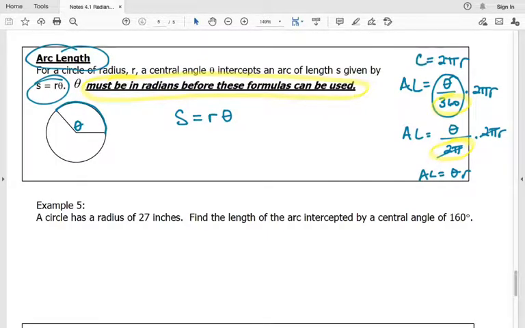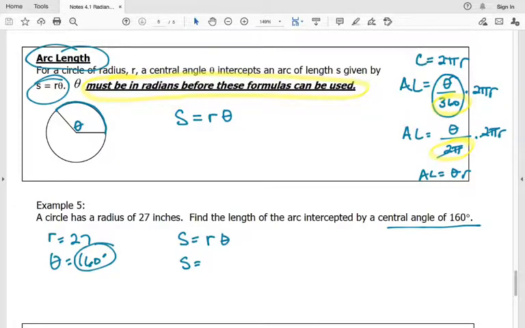All right, so let's do an example right here. We've got a circle that has a radius of 27 inches. It wants us to find the length of the arc intercepted by a central angle of 160 degrees. So using my formula, S equals r times theta, the problem is this is in degrees, so I've got to convert it to radians. So 160 times pi over 180. That way my degrees will cancel.